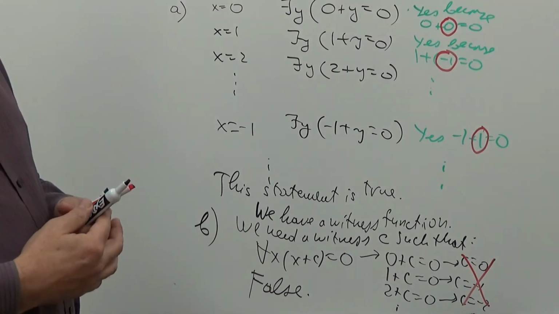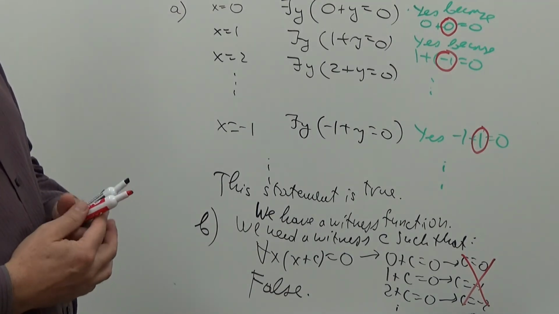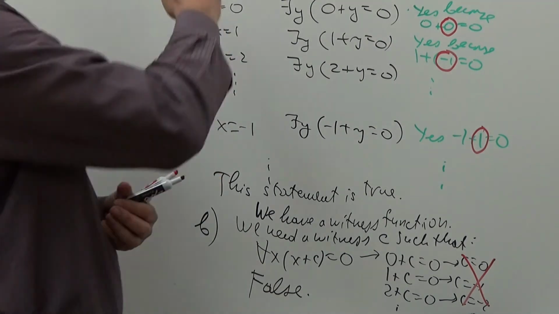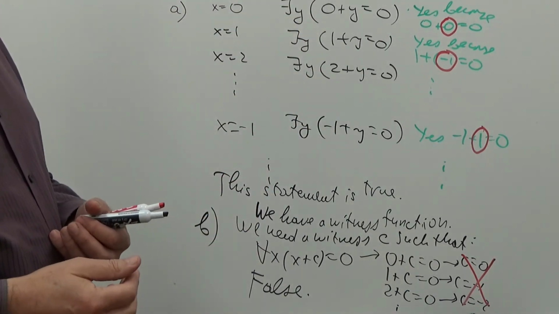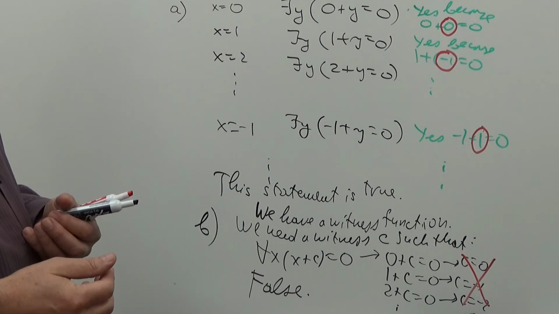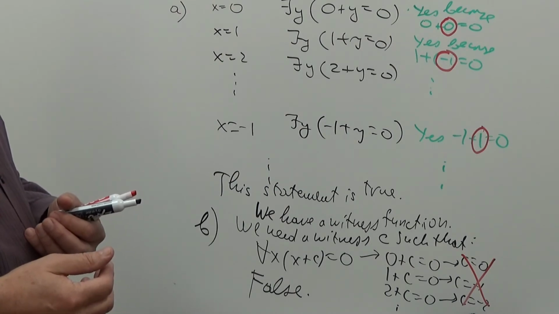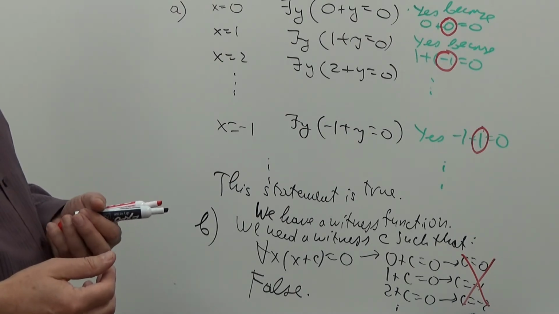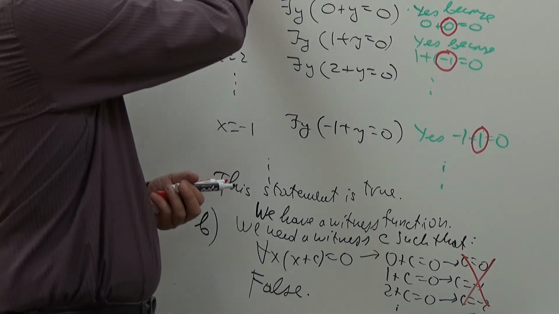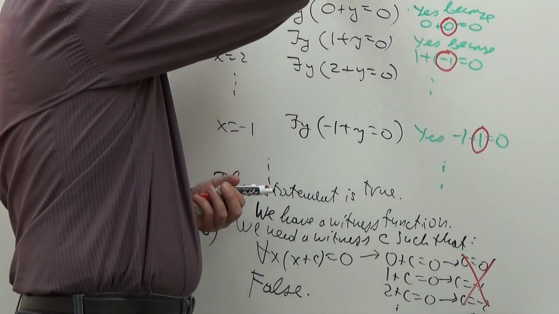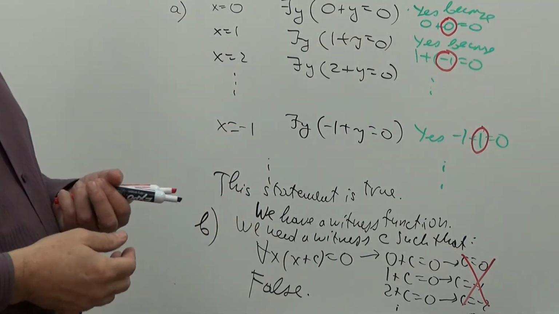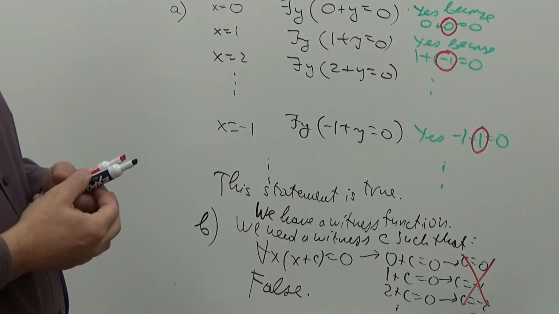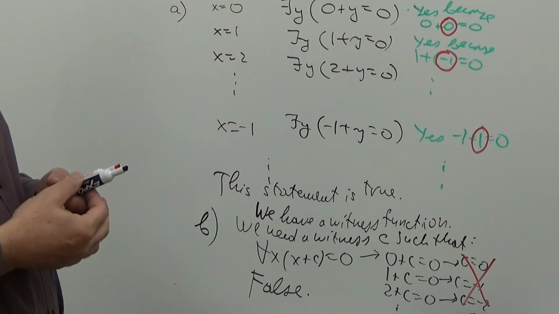So that's how you need to address nested quantifiers: from outside in, and be careful not to switch the order in which they are constructed. The outside quantifier refers to everything inside the sentence, as the parentheses say, and that's how it should be interpreted.